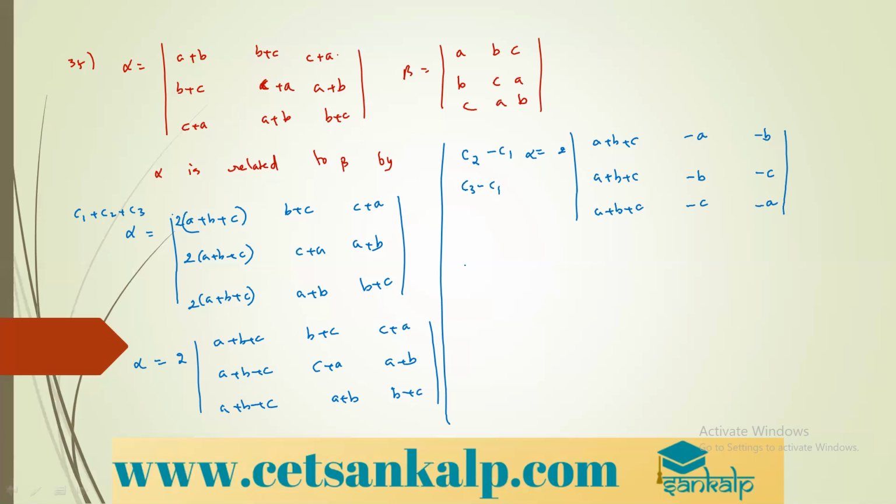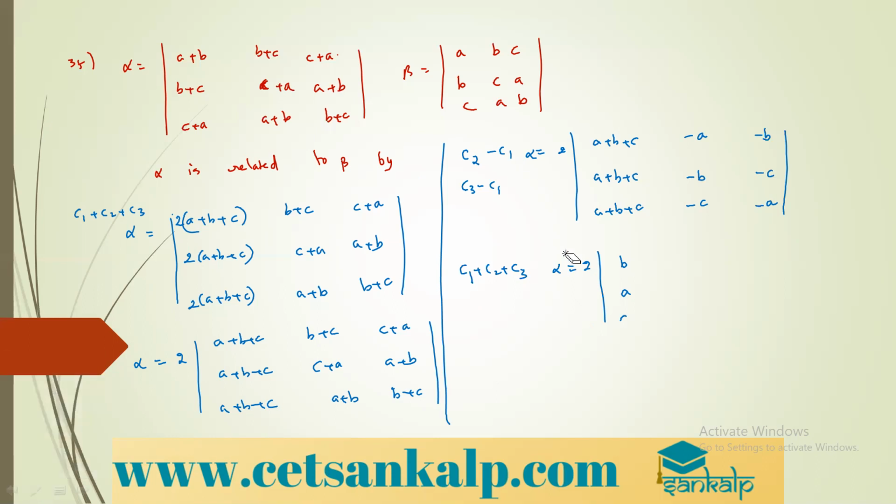Now, I can apply one more operation. I can change C1 by adding C2 and C3. So alpha will be equal to 2 into B, A, and I think I have written wrong.